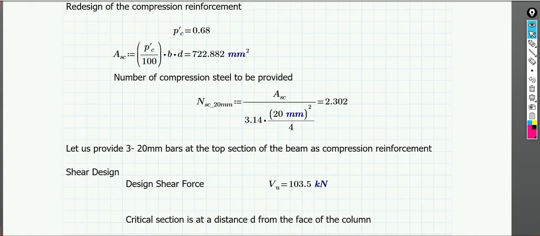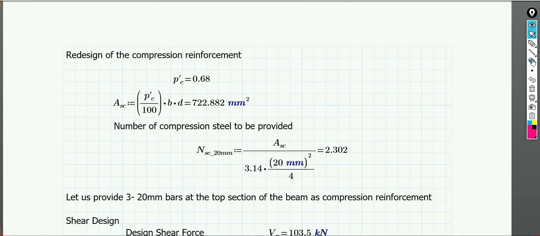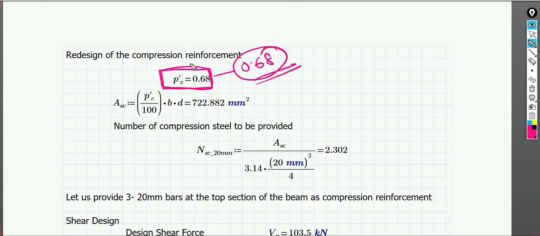So how to redesign? Basically we have to change the percentage of compressive steel. For the balanced section, we have just now calculated that the percentage of steel pc dash should be 0.68. Then you can find the area of steel corresponding to pc dash, which is pc dash by 100 into bd, that is 722.882 mm square.